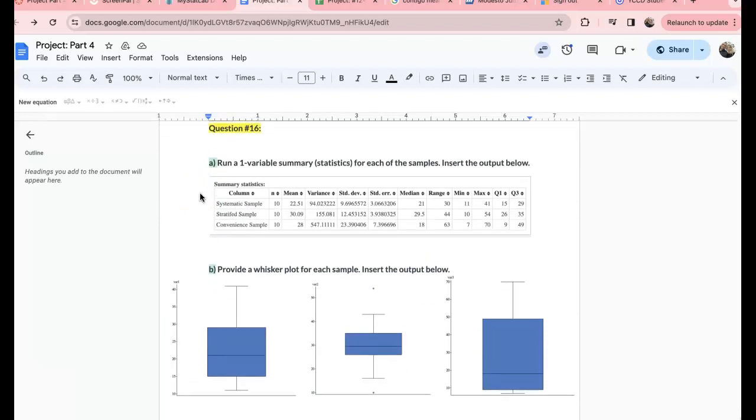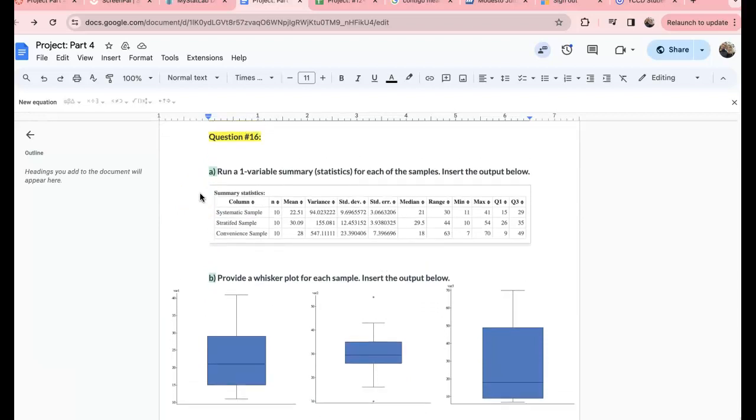For question 16, we ran a 1 variable summary statistics on StatCrunch, and that was to produce each of the samples which we have listed here. We have the systematic sample with 10 values. We found the mean to be 22.51, and here we have the stratified sample with also 10 values and a mean of 30.9.